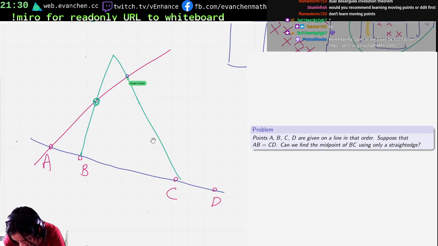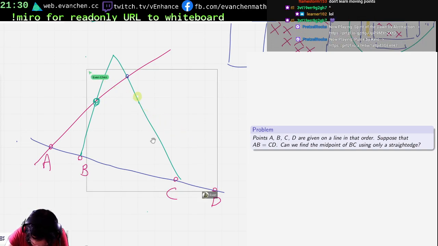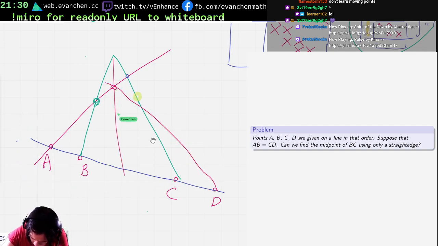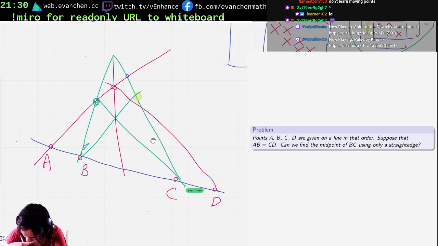Should I do something with it? What do I want? I want to somehow magically find the point here such that when I draw this red line, then this is the desired thing and somehow these two match up. That's what we're shooting for, is to get this picture.